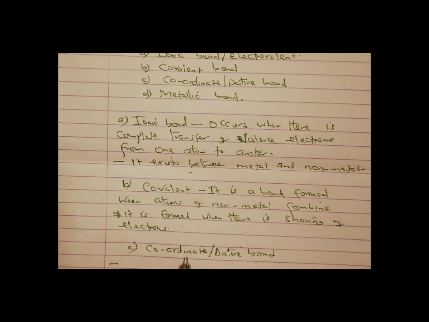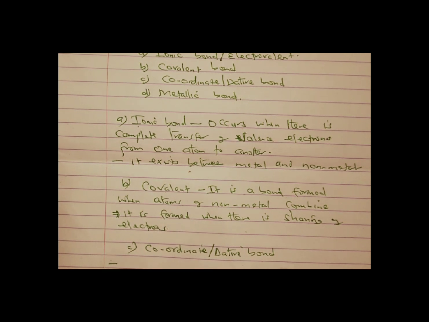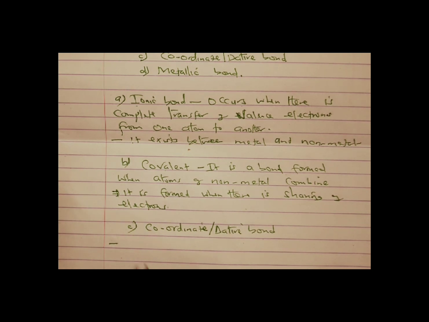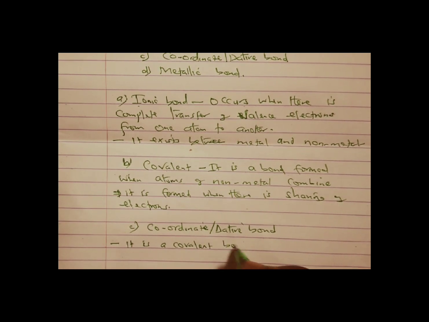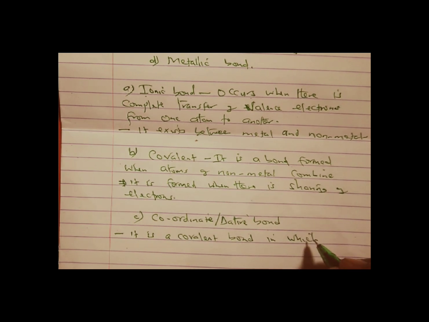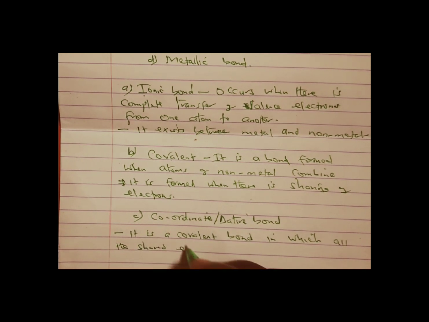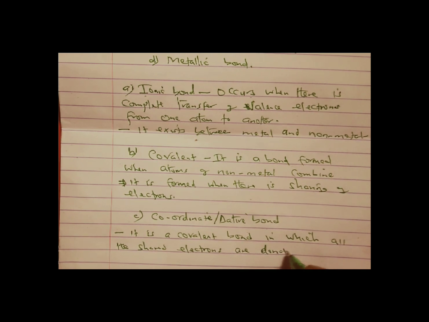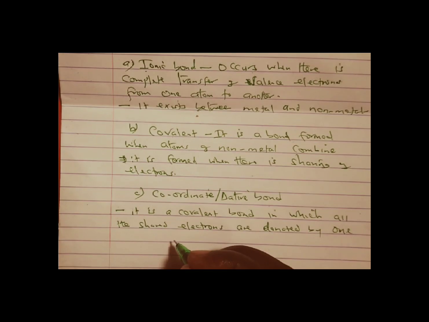This type of bond is a special type of covalent bonding, in that there is sharing of electrons, but the shared pair of electrons are only contributed by one of the elements that is forming the bond, and therefore we can say it is a covalent bond in which all the shared electrons are donated by one of the combining species.